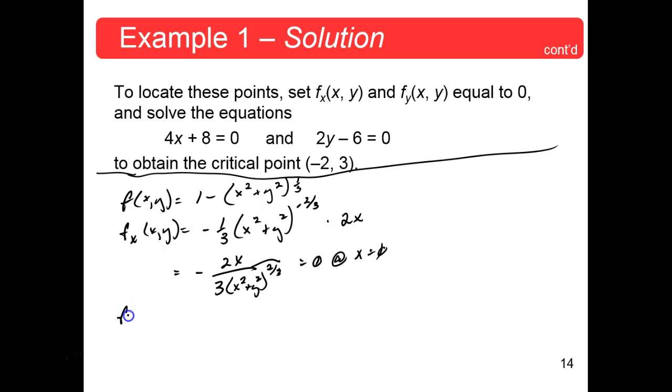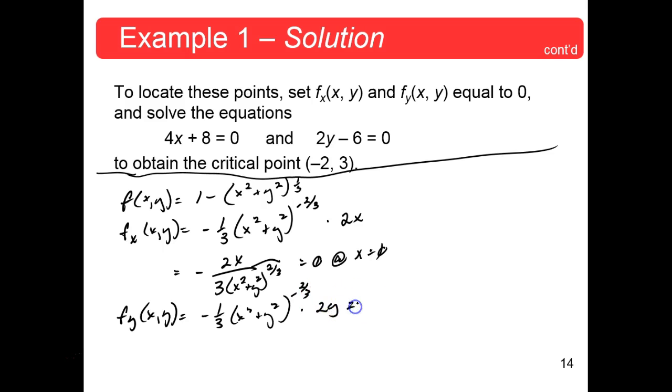So let's do our f sub y of xy, and going back to the original there, that would be, again, negative 1/3 x squared plus y squared, chain rule, to the negative 2/3 times chain rule 2y, okay?